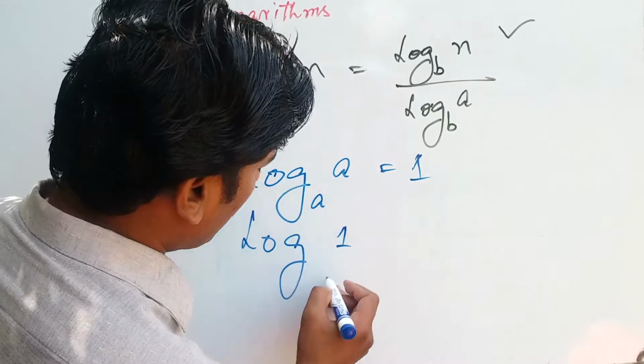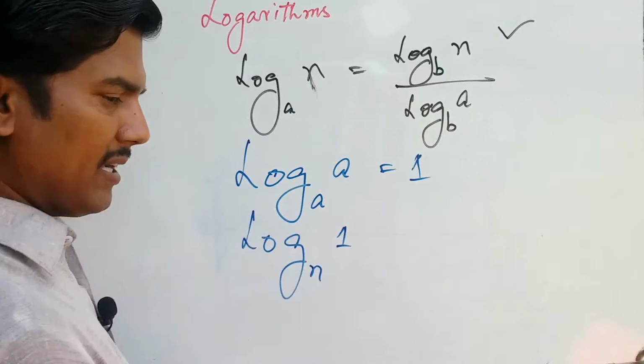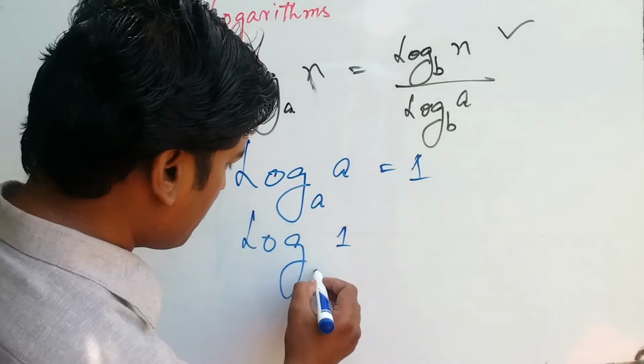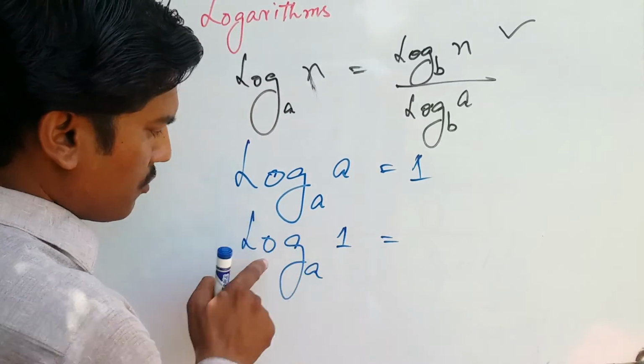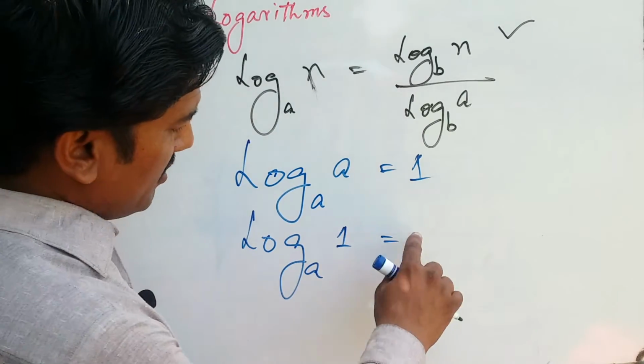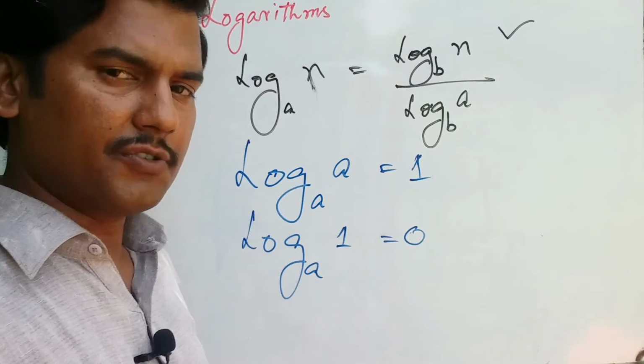Log of 1 to any base, you can write a also, log of 1 to any base, we always have 0.